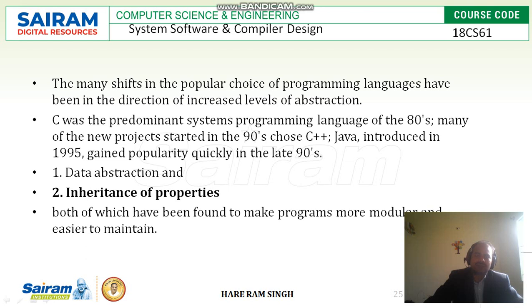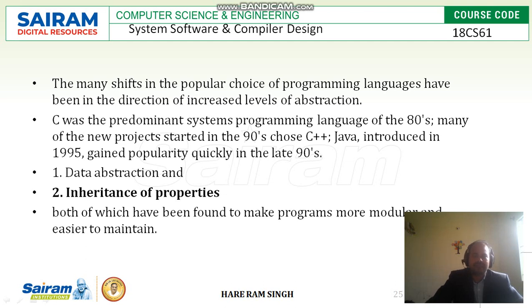The two unique features of object-oriented programming languages like C++ or Java are data abstraction and inheritance. Data abstraction means the whole data can be abstracted in one module, and inheritance means features of one class, one object can be inherited by another object.